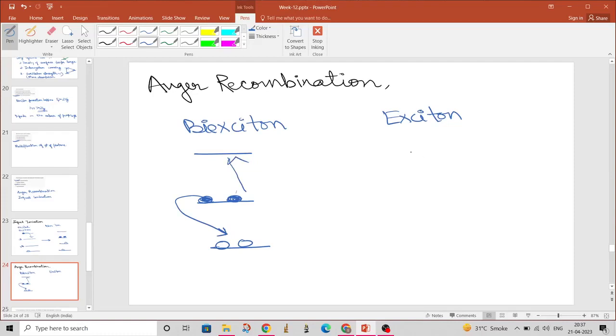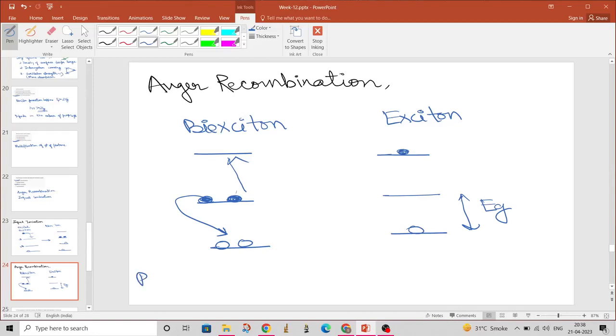So it will go here and then it will be an exciton. This is the band gap, Eg. So the repetitive process of impact ionization, cooling, Auger recombination and cooling, we get bi-exciton.